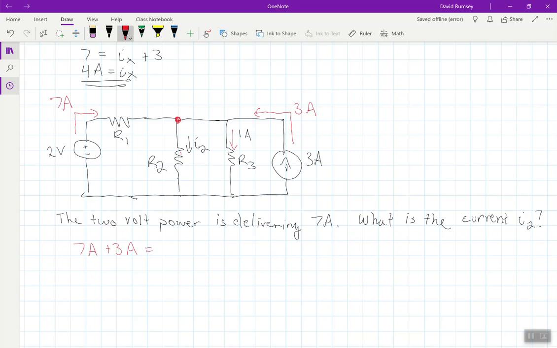Now if we look at the current leaving the node, of course, we have I2 leaving, which is the current we're looking for. And then R3, the problem told us that there was 1 amp going through resistor 3, so we have plus 1. And so then we get 10 is equal to I2 plus 1, and very simple computation, we see that I2 is equal to 9 amps.